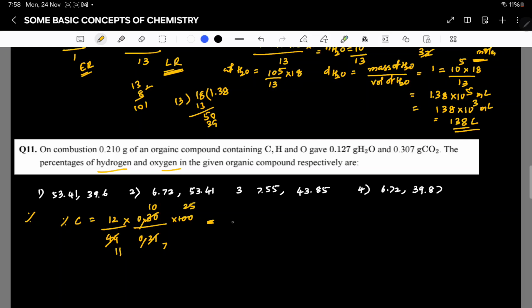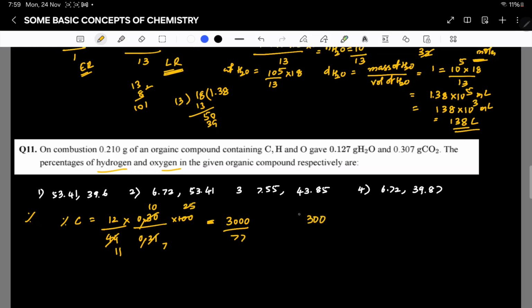So this becomes 250 into 12, which is 3000. So 3000 divided by 77, student.